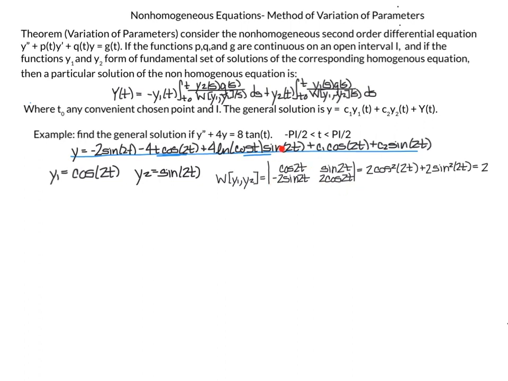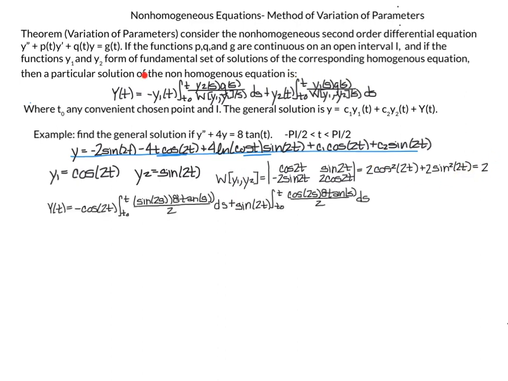Taking the determinant, cross multiplying, I get 2 cosine squared of 2t, and minus the multiplication here gives us plus 2 sine squared of 2t. Our cosine squared of 2t and our sine squared of 2t added together gives us 1, so we're left with 2 for our Wronskian.